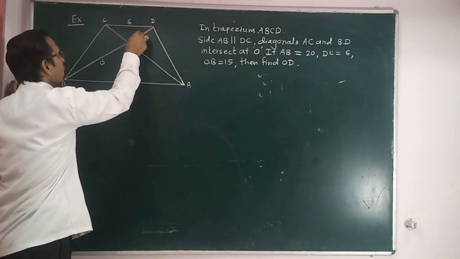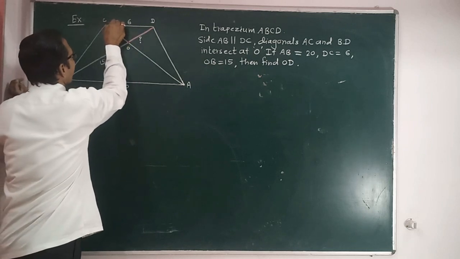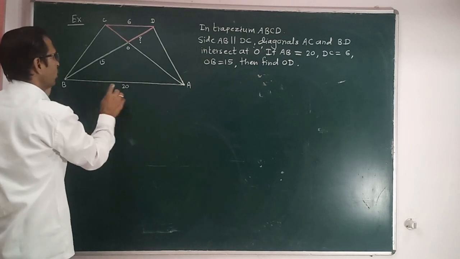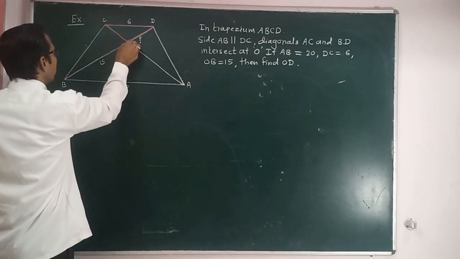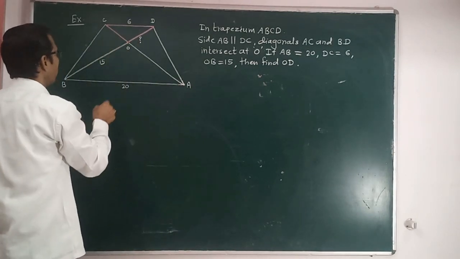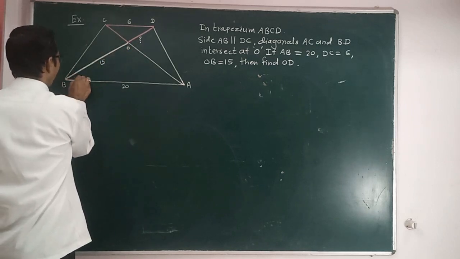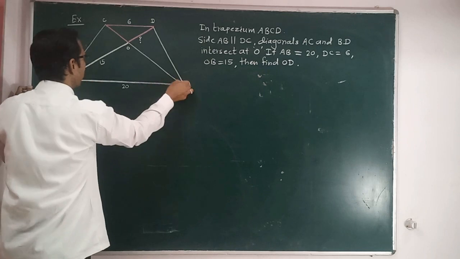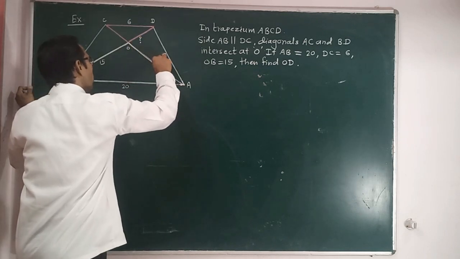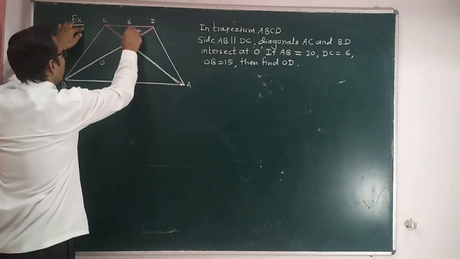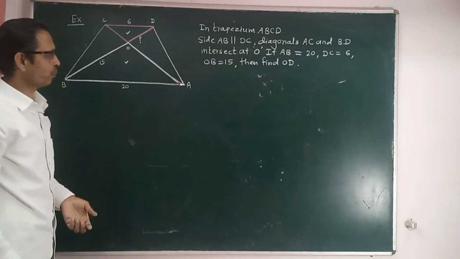This is one triangle, and the other triangle is AOB. This is triangle AOB. Now we have to show that these two triangles are similar.